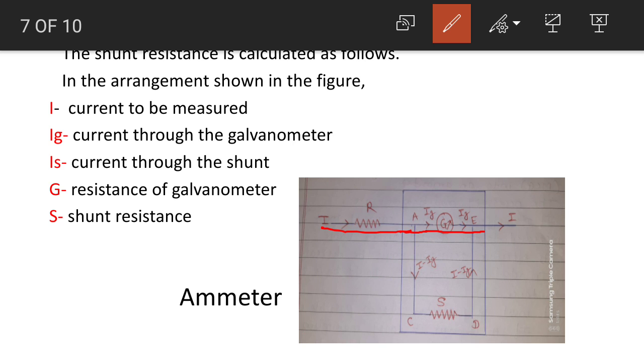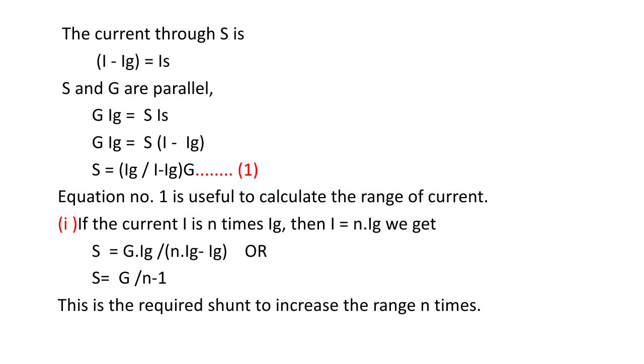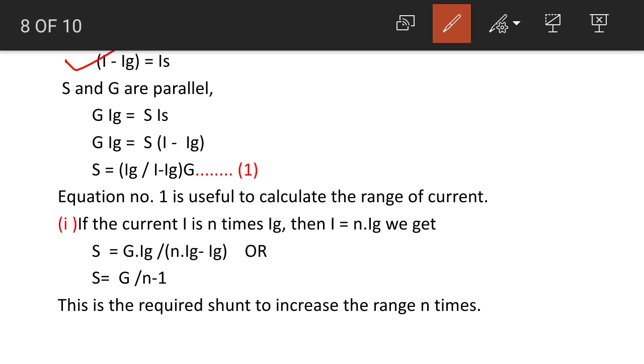And the remaining current I minus Ig is the current through the shunt, that is Is, which passes along the path ACDE through the shunt resistance. Therefore, the current through the shunt resistance is I minus Ig, equal to Is.